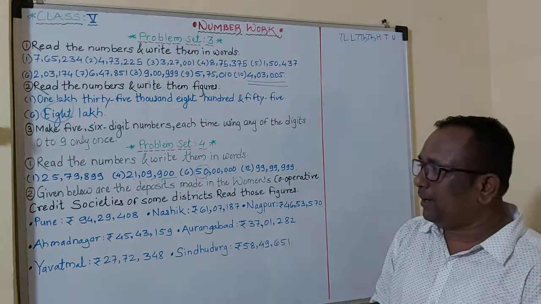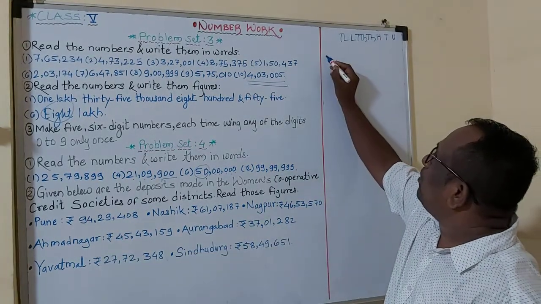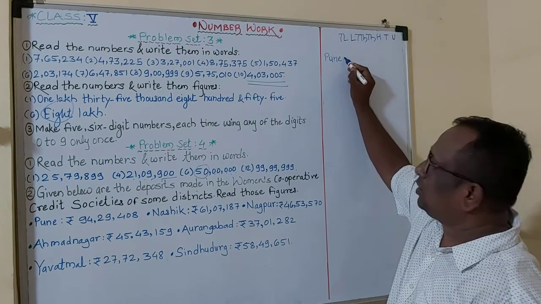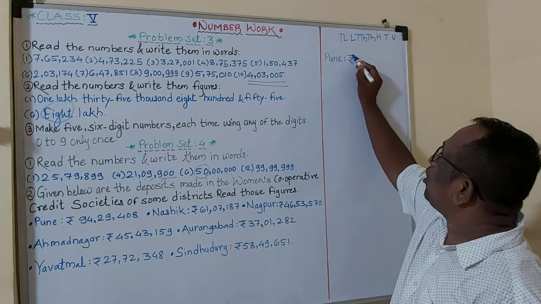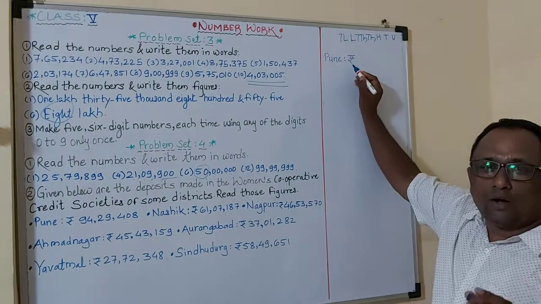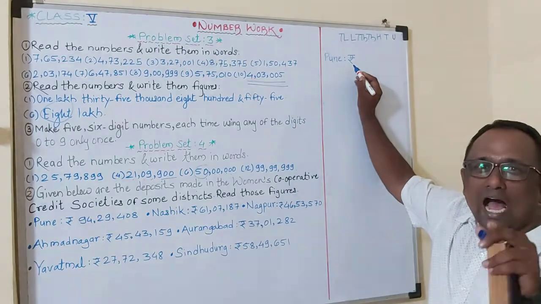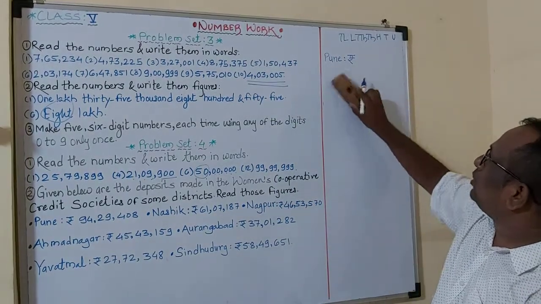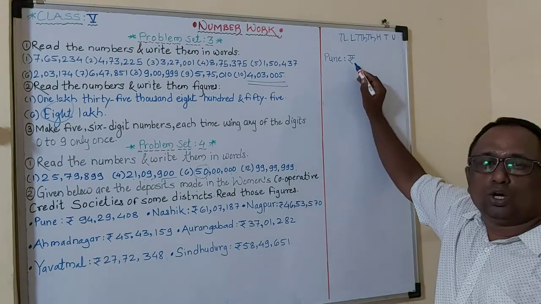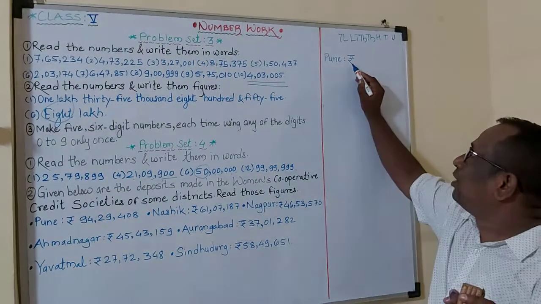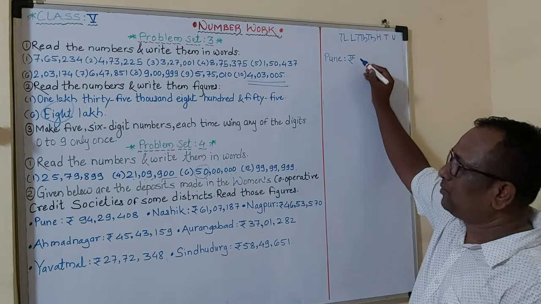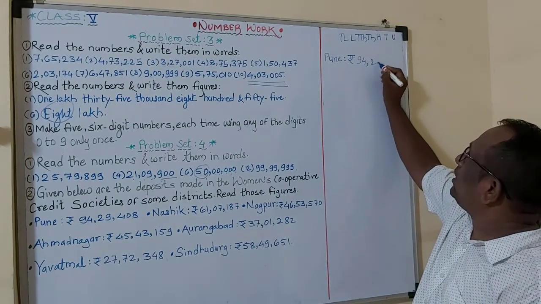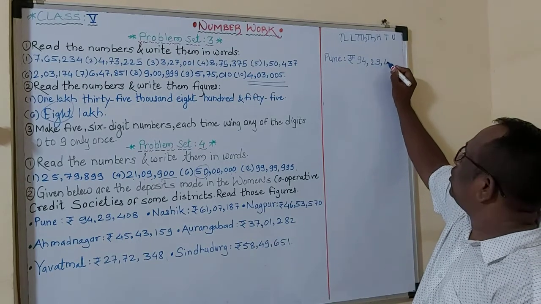How do you have to write this? For example, now Pune, and the amount we have to write. This is the symbol of rupees, students. Earlier we were writing R and S like this, Rs. Now our Indian government has approved this symbol of rupees, so you also write this symbol. So rupees 94,29,408.